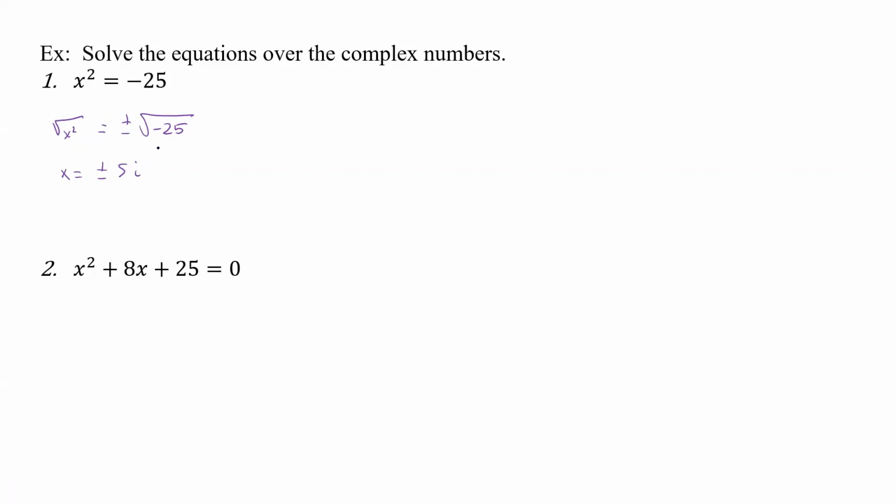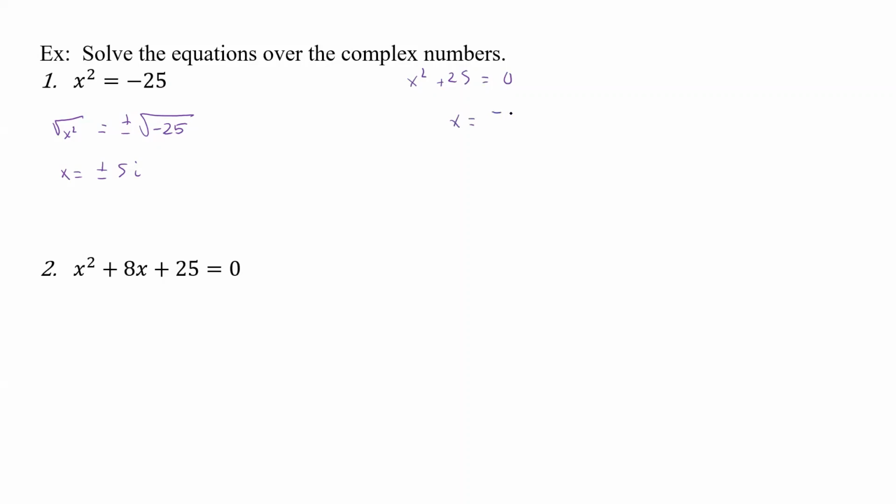Now, another way to be doing this is what you'd have to do in the case of this second one here. And what we would do is we would rewrite this as x squared plus 25 equals 0. So basically, we add 25 to both sides. Now we have an a, we have a c, there's no b, and we can use our quadratic formula again.